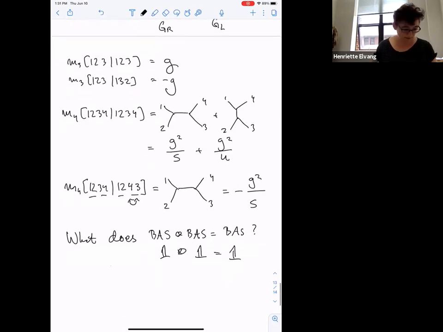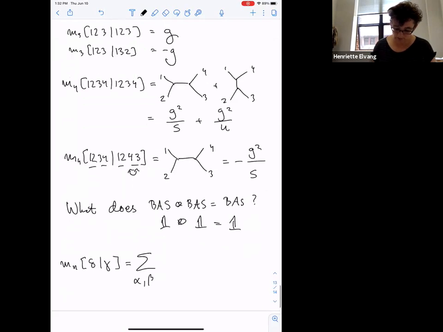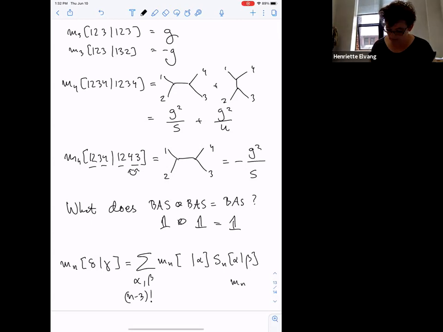So written out explicitly, it means that if I take some amplitude with some color ordering, with some color, and this is delta and delta and gamma, then I do my usual sum over n minus 3 factorial color orderings of alpha and beta each. And then I put in my left copy with my kernel, and then my right copy.